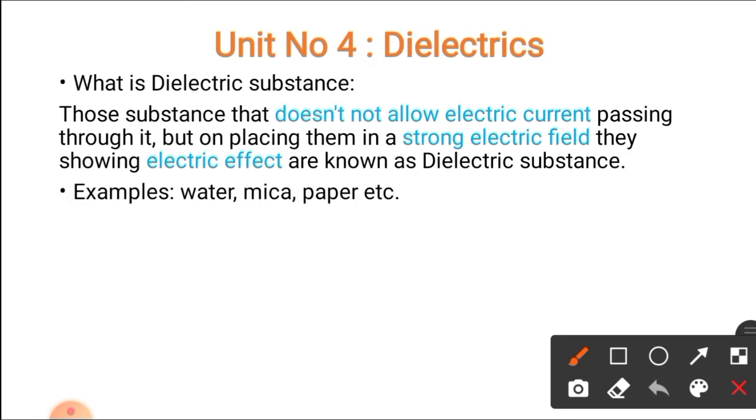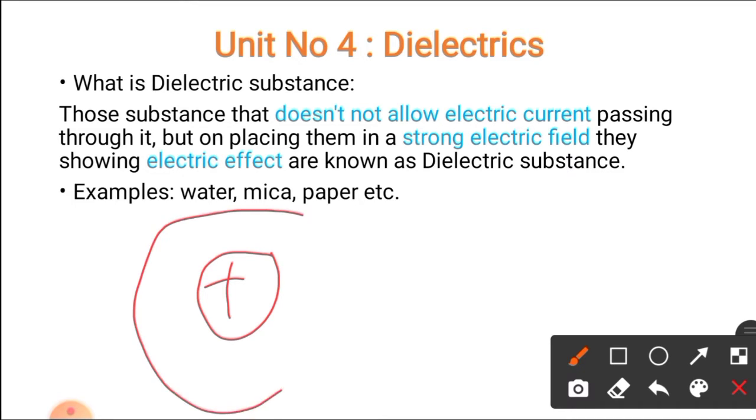Consider a metal. The central part of the atom is called the nucleus, which consists of the proton and neutron. Neutron has no charge, so the net charge is positive. So the nucleus has a positive charge, and surrounding the nucleus, electrons are present having negative charge.